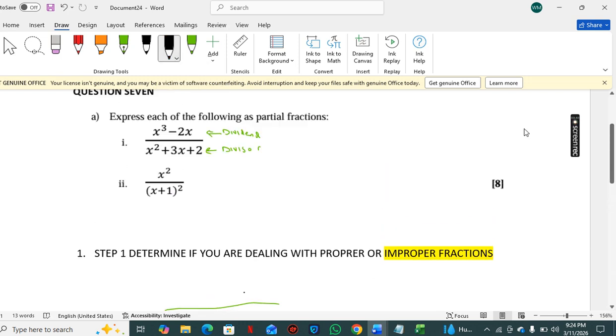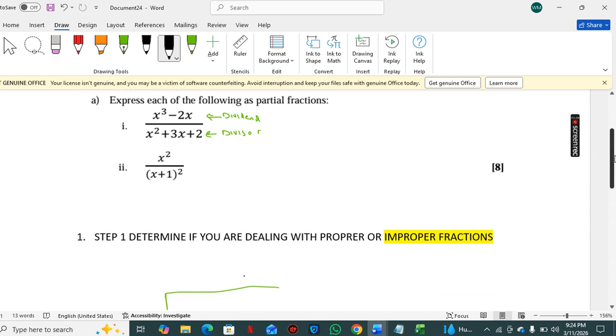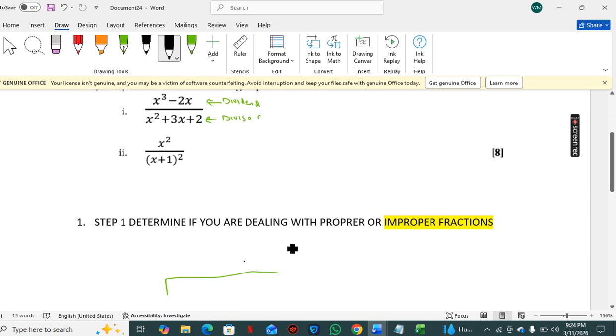So our dividend is this x cubed minus 2x. That's the one that goes inside the division sign here. So we say x cubed, and you're going to say plus.